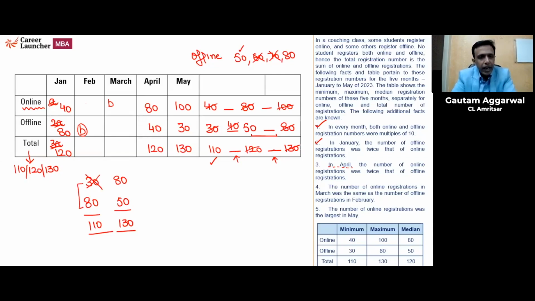Fine. So 80 as an option of offline registration in February would negate the case.